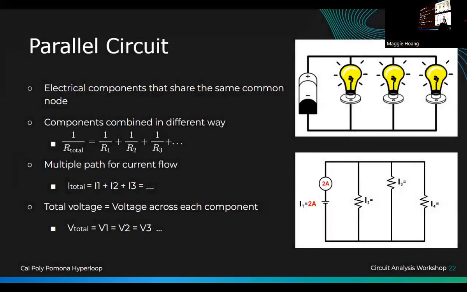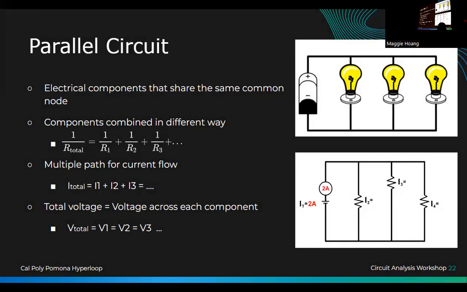So these resistors are sharing the same 5 volts. But the difference between this and series is that each current is going to be different, as you can see in the image. Each current is different through each branch, unlike the other one where each of them has the same current, right? But the voltage is all the same.